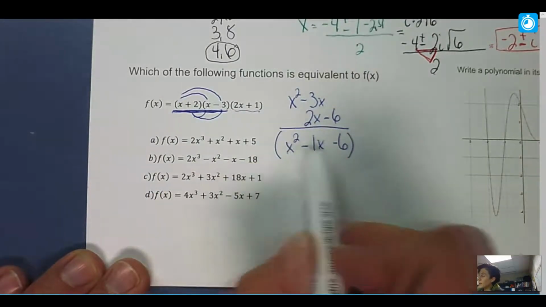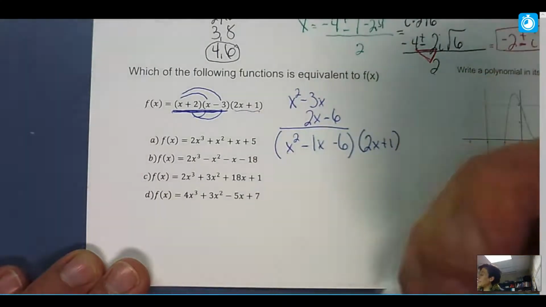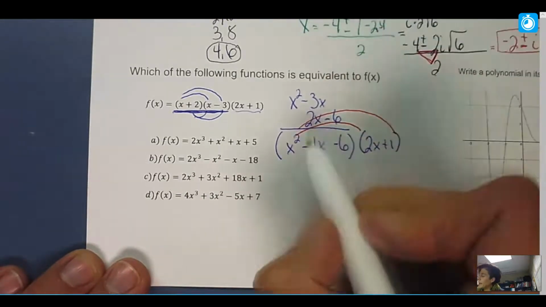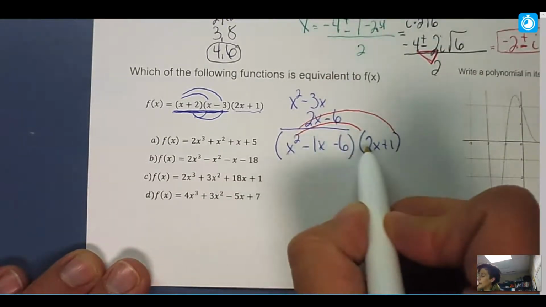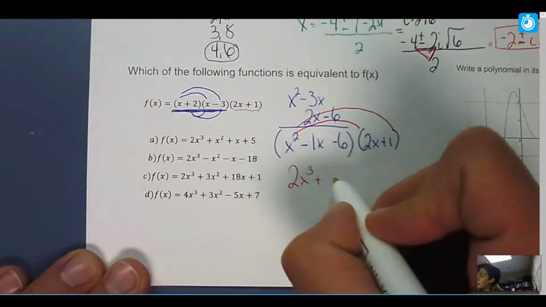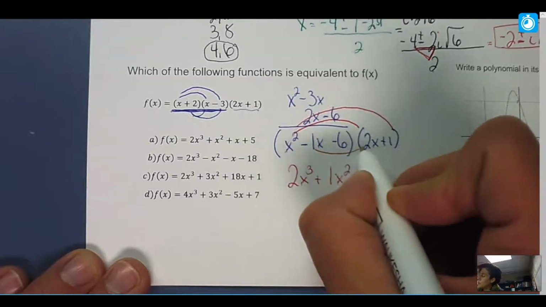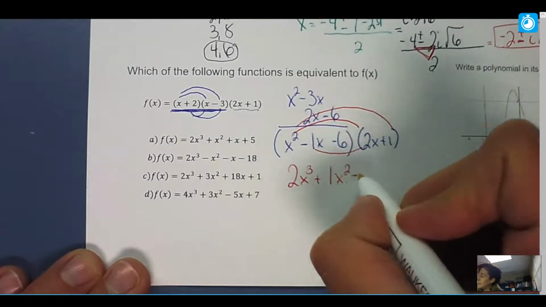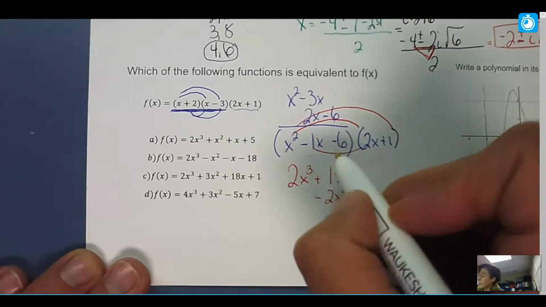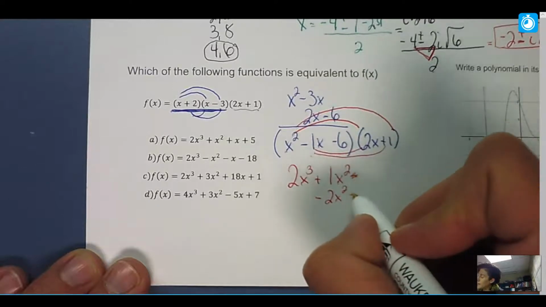For this, you'll take this and multiply it by the other factor. And so again, I call it the neighbors meet the neighbors because x squared is going to come over, and I get 2x cubed, plus x squared. And if you want to put the 1 there, I will for now. And then this will distribute over and give me minus 2x squared, which I'll stack with its like term. And then I'll get a minus 1x, so scribble that out.